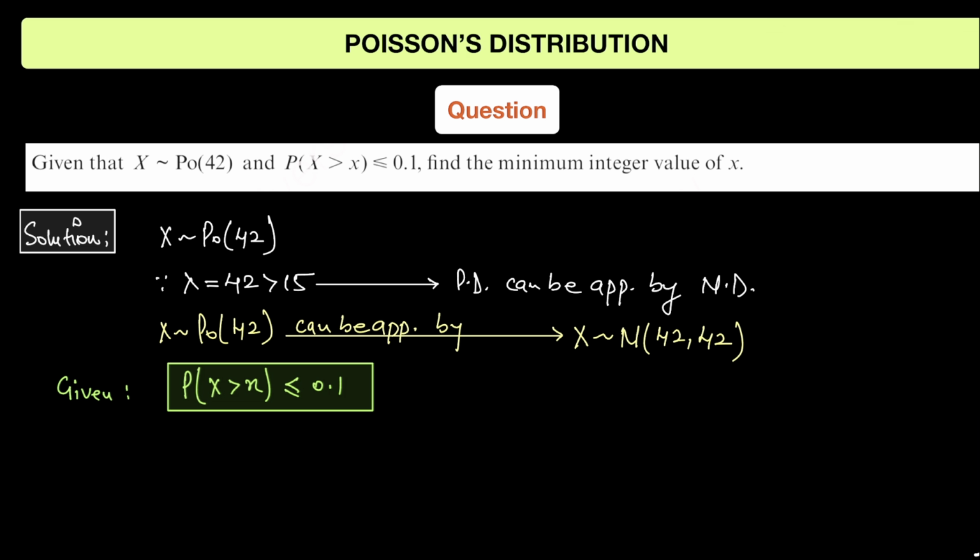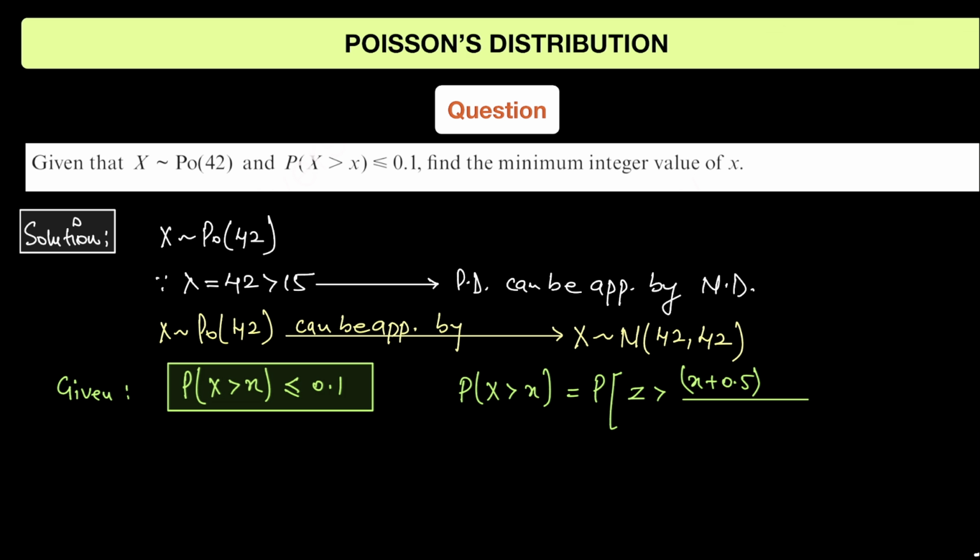First of all, we will try to calculate the left hand side, that is the probability of X greater than x. Since we are going from the Poisson distribution to the normal distribution, we will calculate the value of z with continuity correction applied, and since it is a greater than sign, 0.5 is going to be added to the value of x.